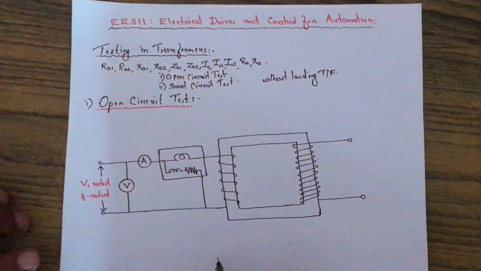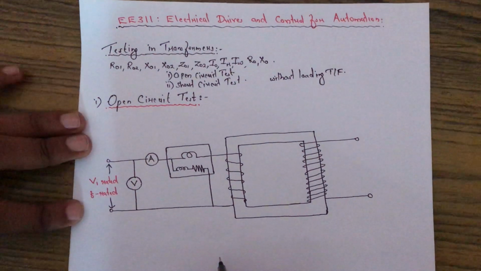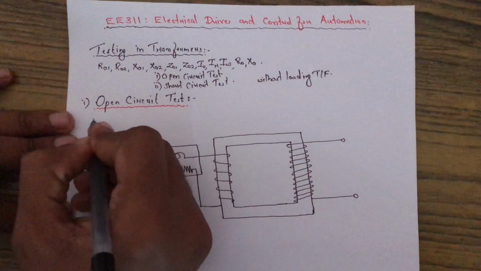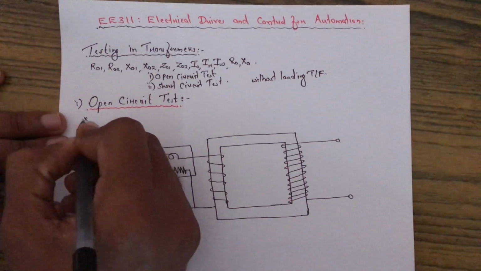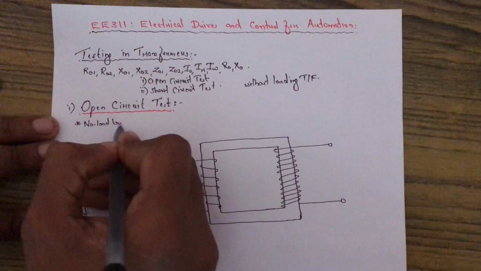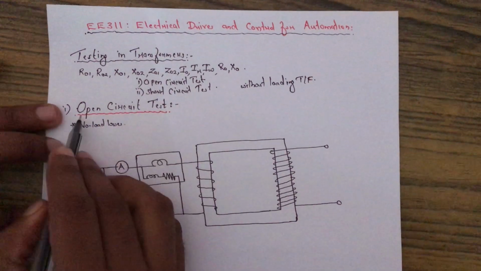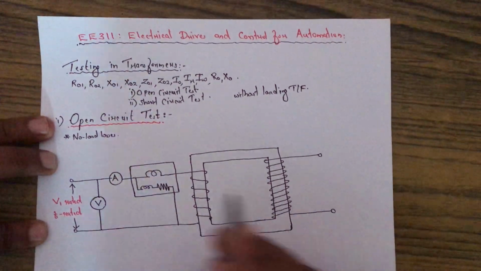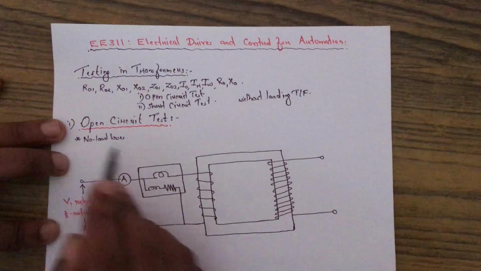The open circuit test. So the main objective of this open circuit test is to determine the no load losses. From the name it is clear that in open circuit the secondary side is open, no load is connected across the transformer.